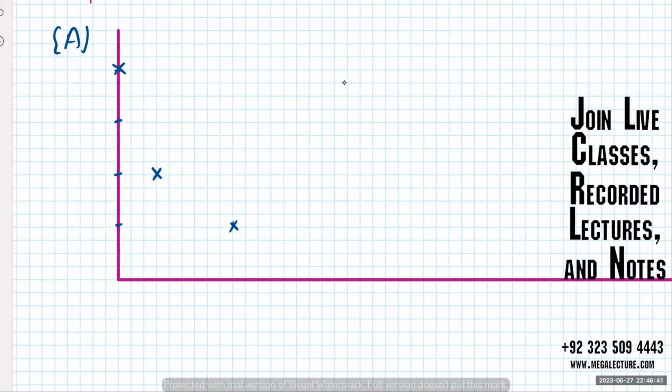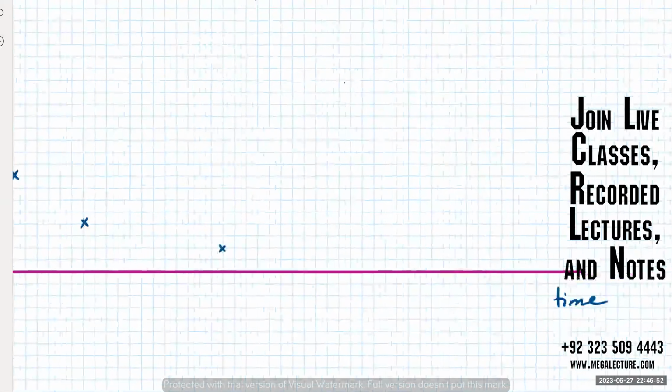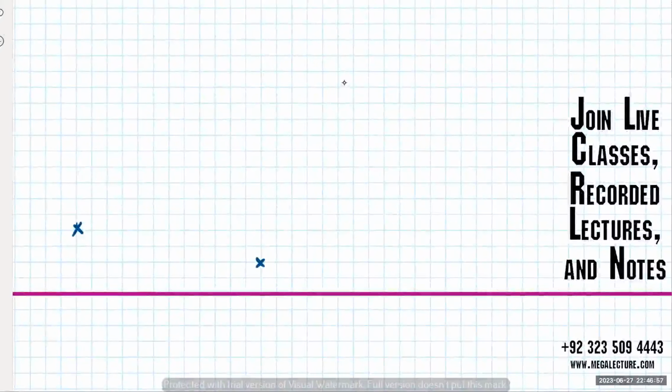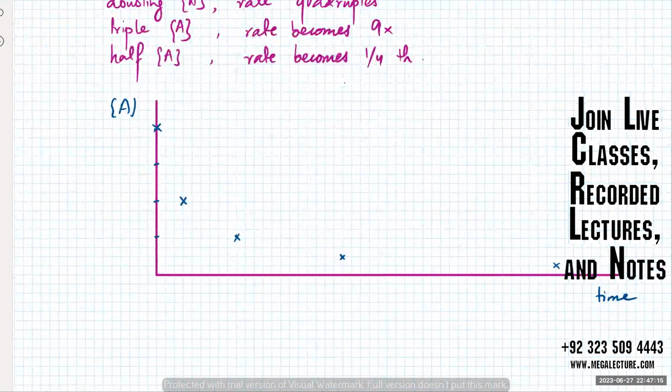After this it's going to take double the time for the concentration to decrease by half again, and so on. It just slows down too much.